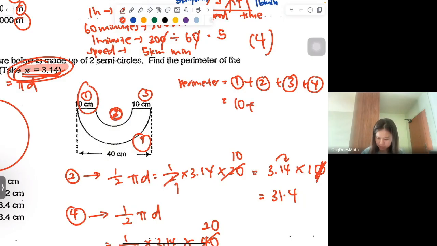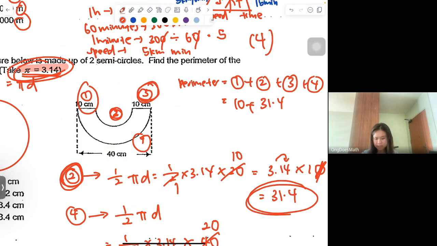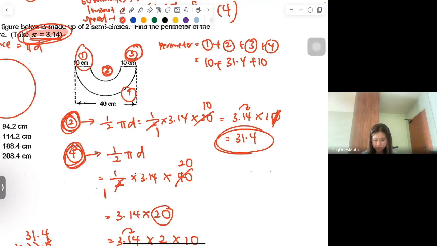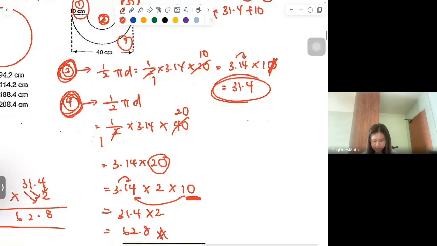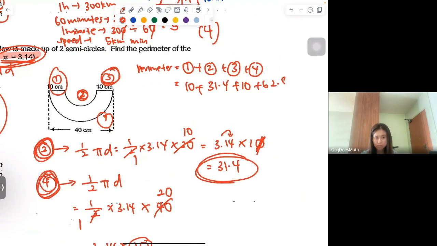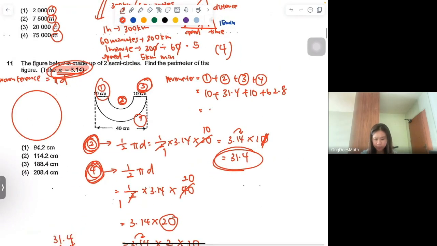Second side is 31.4. Second side is here. Third side is 10 cm. Fourth side is here, and we have come to a conclusion it is 62.8. So we just add things up. You should get 114.2 in the end. And that gives you option 2.